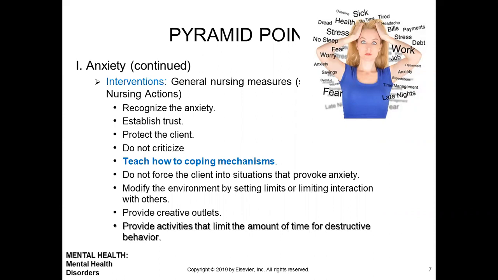Let me read what is written here. Recognize the anxiety first and the underlying cause, establish a trusting relationship with the patient, protect the client, and do not criticize. We always respect our patient, whatever it is.